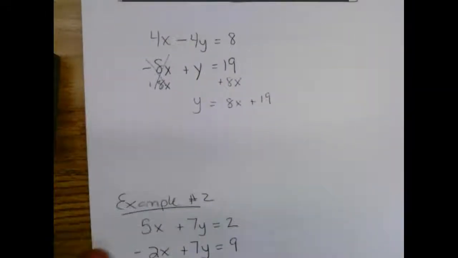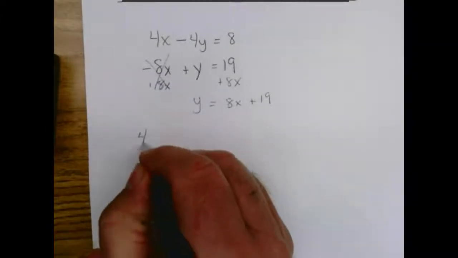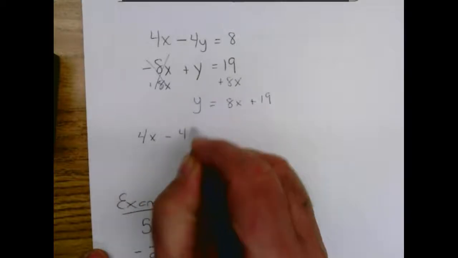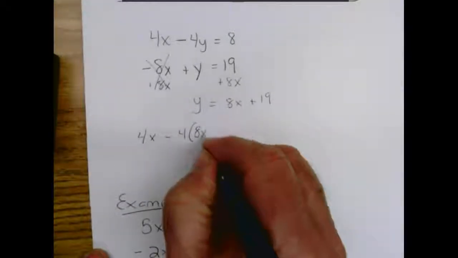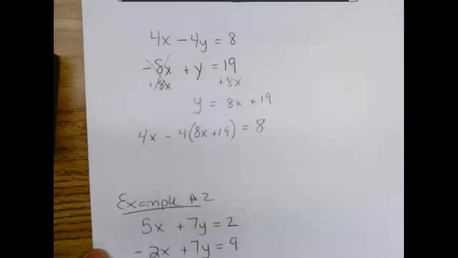Then we can plug that in for y in the other one. So we have 4x minus 4 times negative 8x plus 19 equals 8.